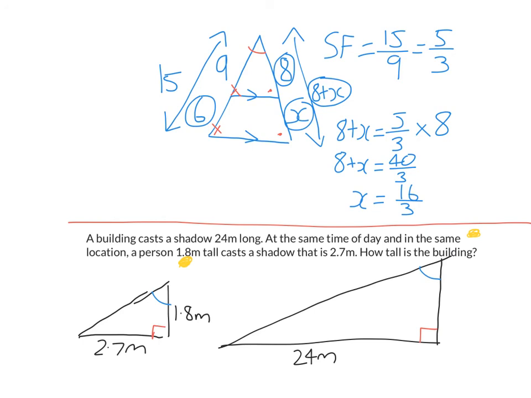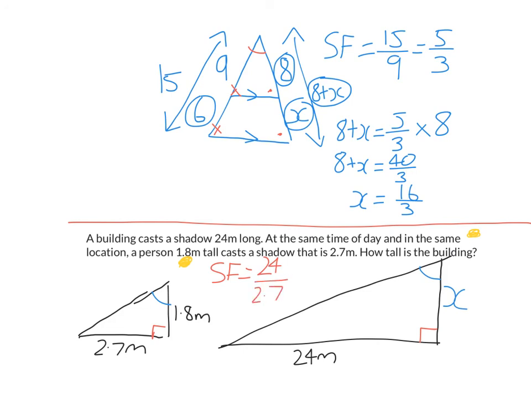So these two triangles are similar because they have two pairs of equal angles, therefore they will have three pairs of equal angles. Now that we know that we have some similar triangles, we can use that to find the unknown side here, x, and that's actually very simple. So the scale factor here would just be side in the larger triangle divided by the side in the smaller triangle.